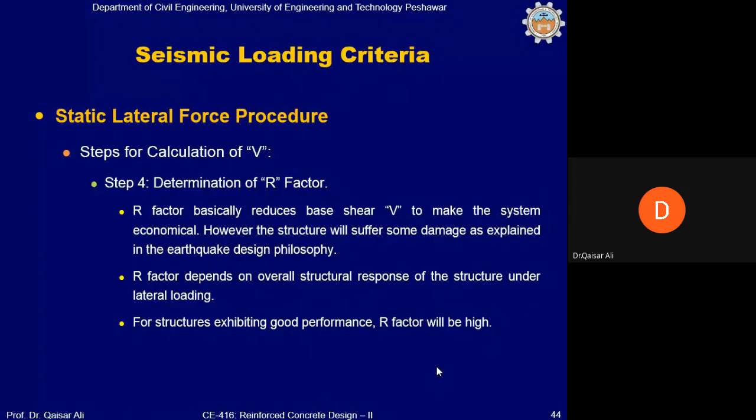So in that case, we can take a high R factor system.